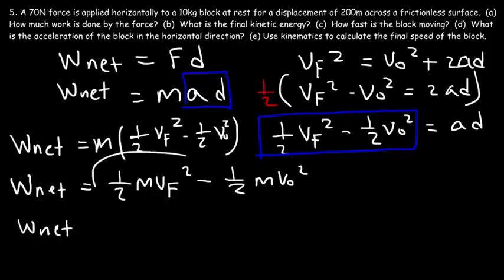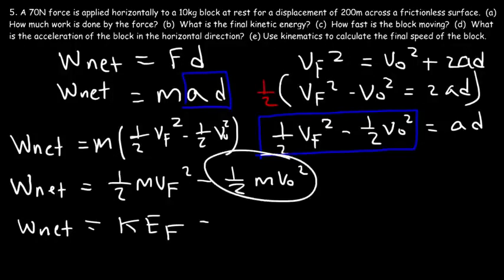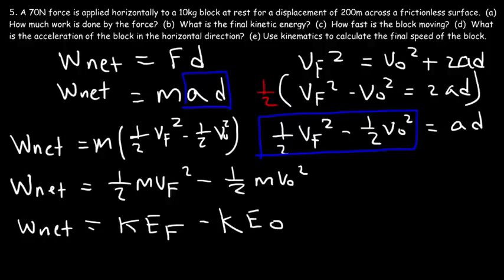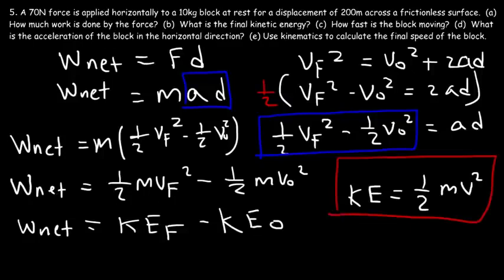And so this expression is the final kinetic energy, and this expression is the initial kinetic energy. So therefore, we could say that kinetic energy is 1/2 mv squared. And that's how you could derive the formula for kinetic energy, as you can see here.